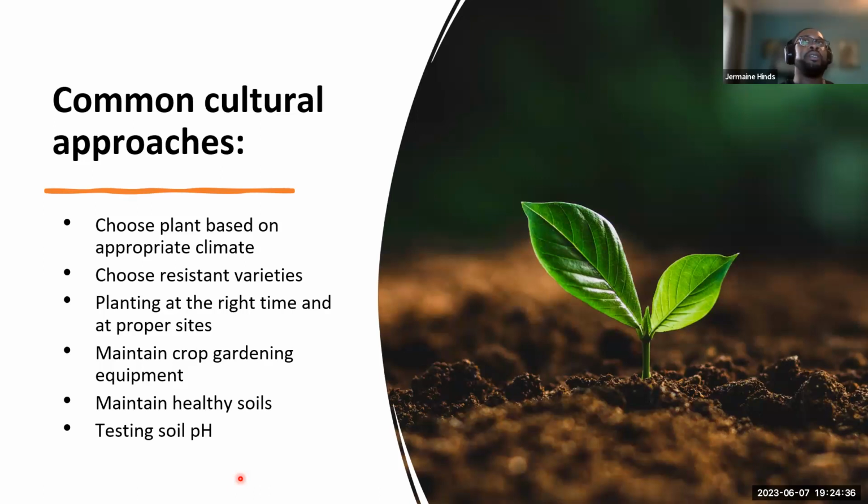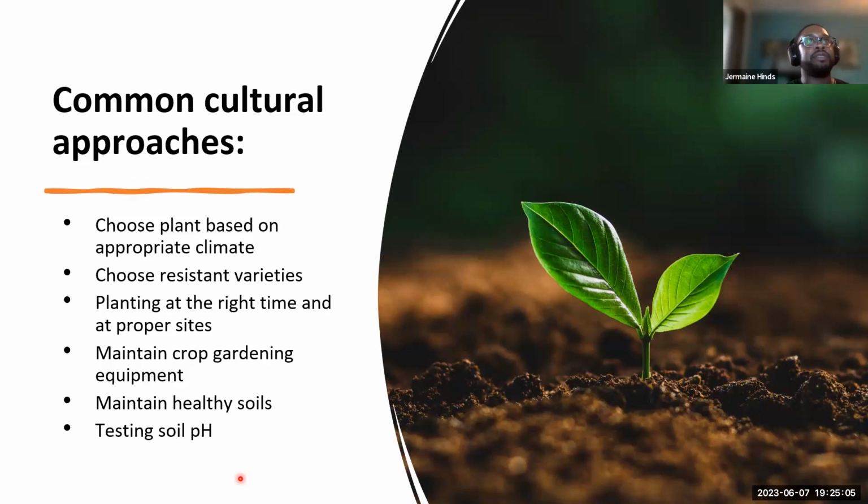So you want to put a plant where it's in its optimal growing conditions, so it could grow healthy and be more defended against pests. Part of this is choosing resistant varieties. A lot of different agricultural crops have resistant varieties that could be a little bit more resistant to different pests or different diseases.